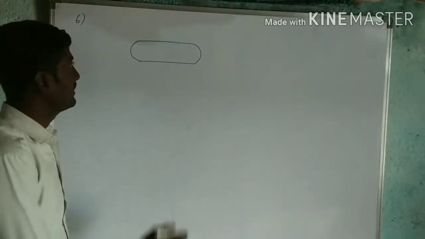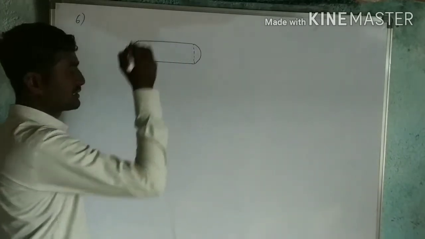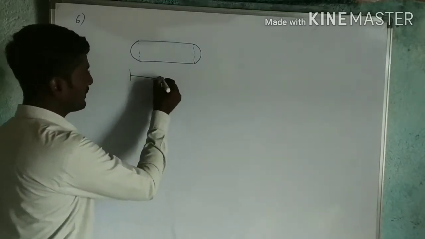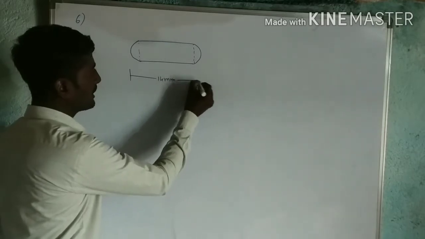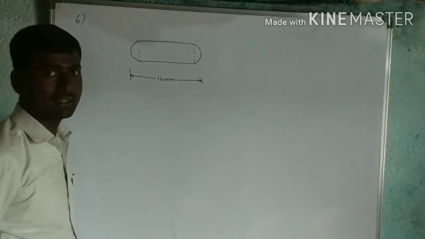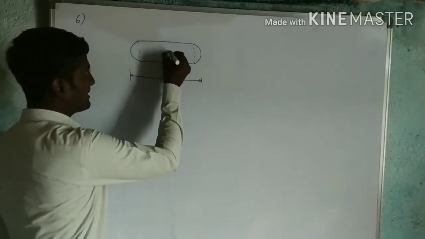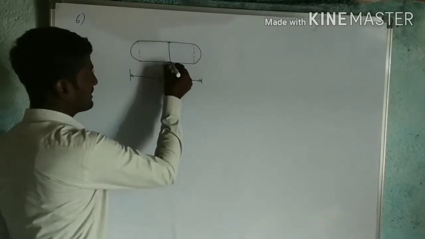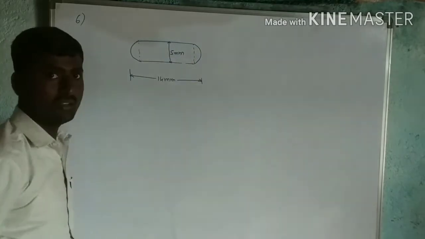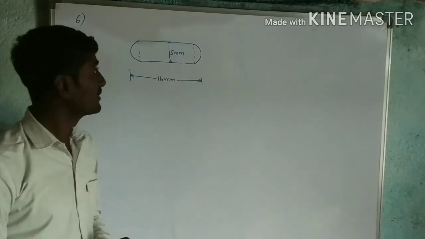Now the total length of this medicine capsule is given as how much? 14 millimeter, not meter, 14 millimeter, from here to here. And now the diameter of the cylindrical part is given, that is 5 millimeter. Now they ask you to find the surface area of this capsule. So what does that mean?